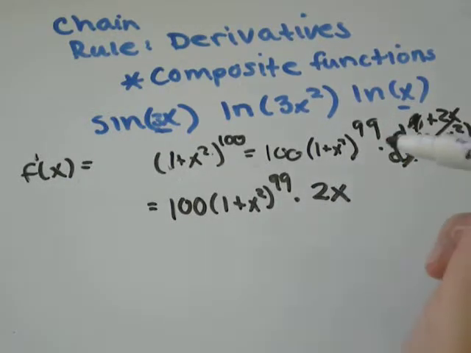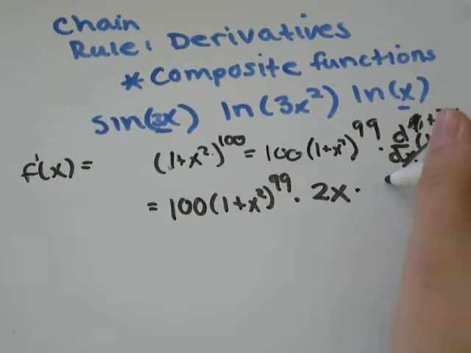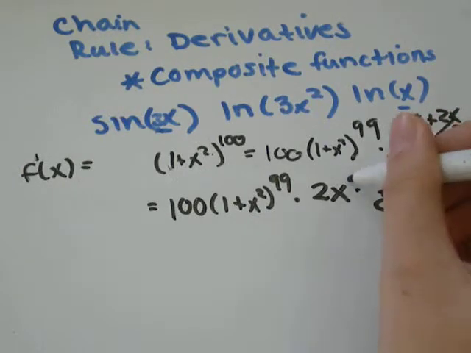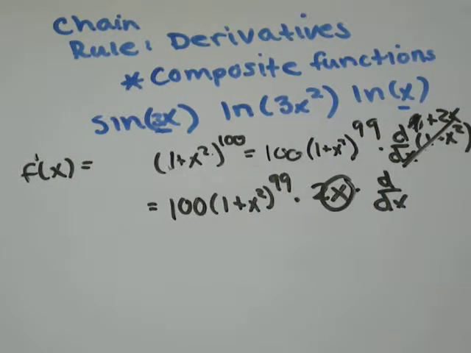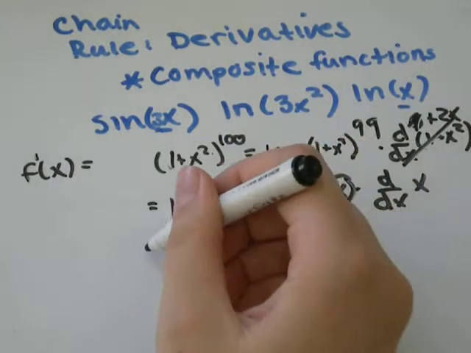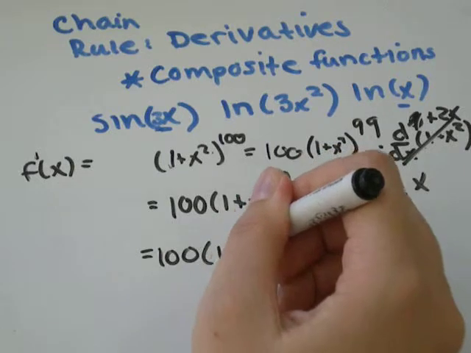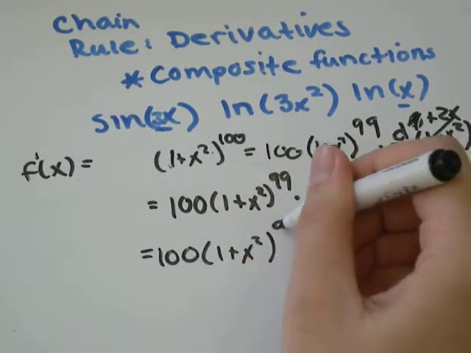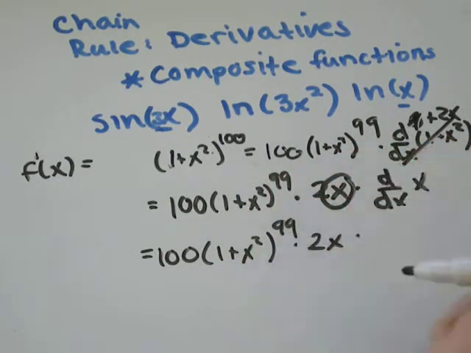Okay, so then we think we also need to multiply by the derivative of, we still have an x there, so we can go one more step, the derivative of x. So we have 100 times 1 plus x squared to the 99 times 2x times the derivative of x is 1.